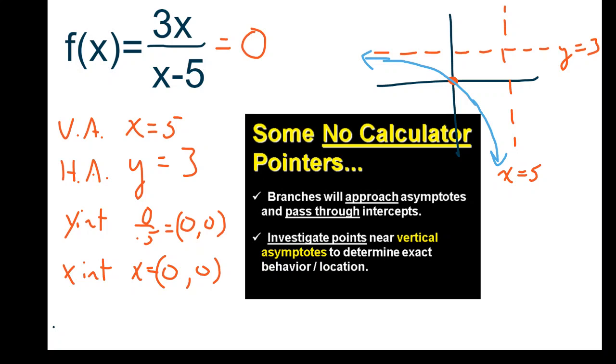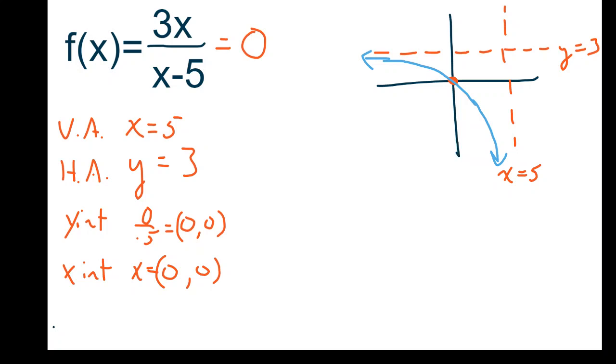So we notice that the vertical asymptote of x equals 5 actually divides this graph into two sides, the side that's to the left of 5 and the side that's to the right. And even though it might not ultimately be necessary for this problem, as you may know that the graph that we drew is correct, I still want to model a simple idea of plugging into this equation and determining the output.